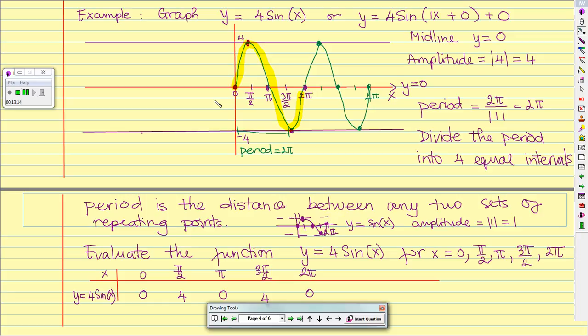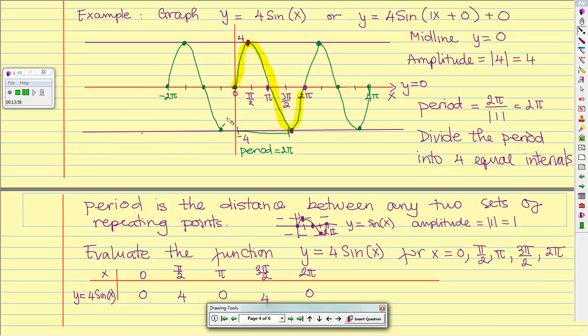And then you can go to your negative angle or negative input. So again, we have 1, 2, 3, 4, which should be negative 2 pi. And again, our set of points will start with 0, max, 0, min, 0.